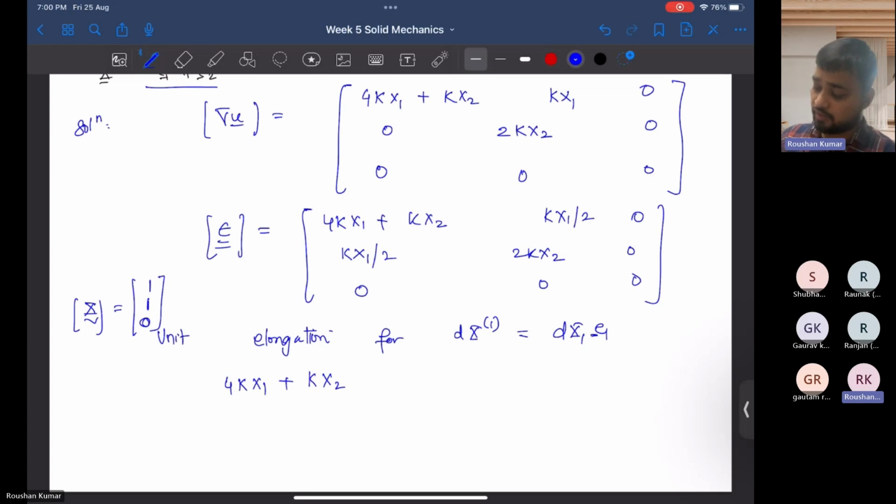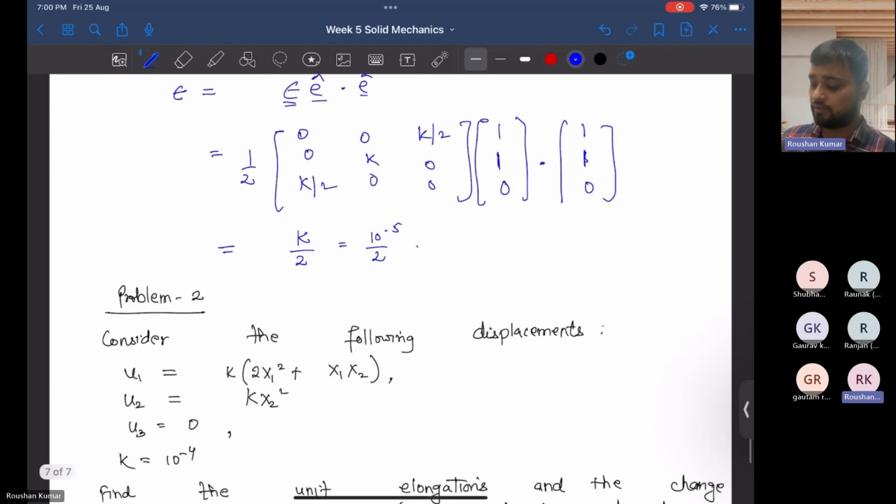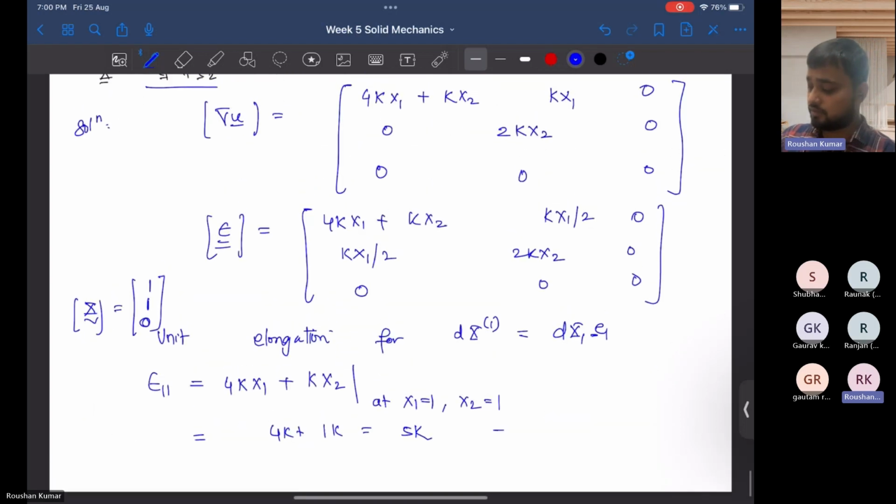So at x1 equal to 1, x2 equal to 1, it is 4k plus 1k, which is 5k, and the value of k is 10 to the power minus 4. So it is 5 into 10 to the power minus 4.